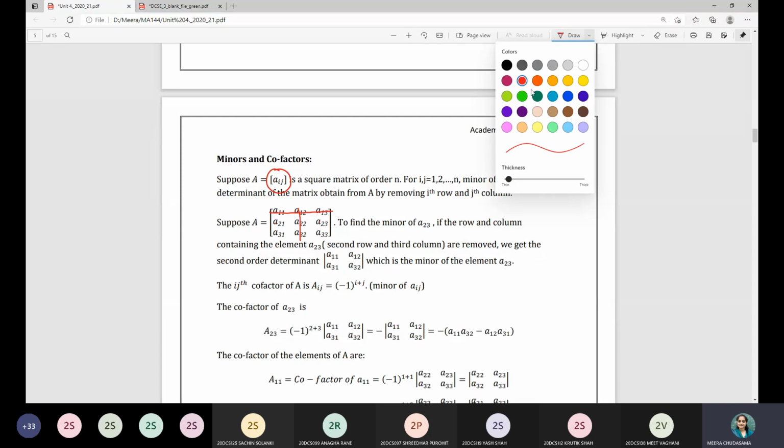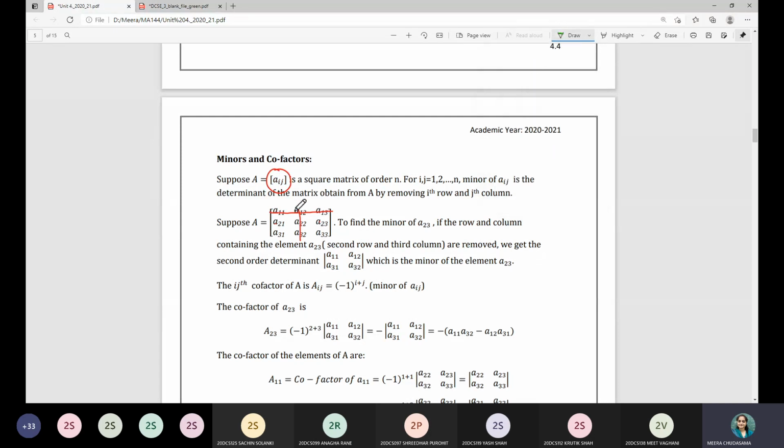Similar to this, suppose I want to find the minor of A31, then I have to erase the third row as well as the first column, and the determinant of the remaining 2 cross 2 submatrix will give you the minor of A31. In general, minors are denoted with the capital letter M suffix ij, that is the minor of the entry A_ij, right?